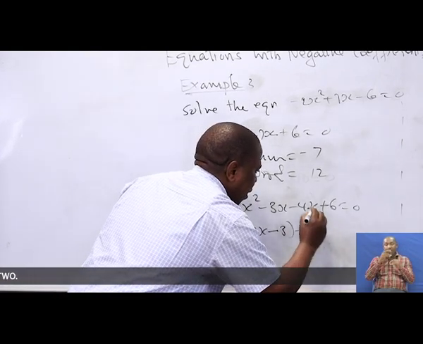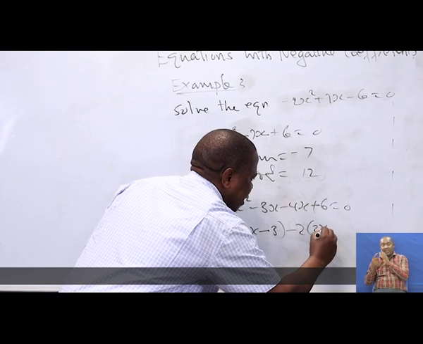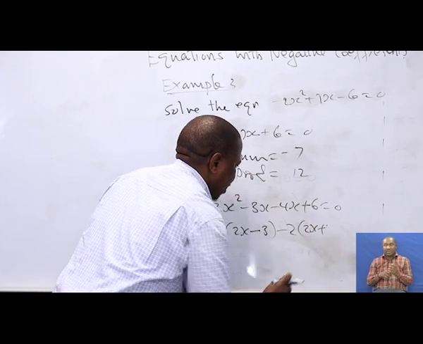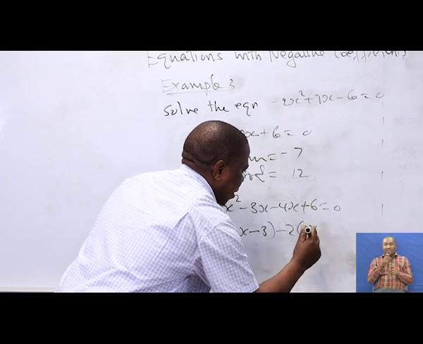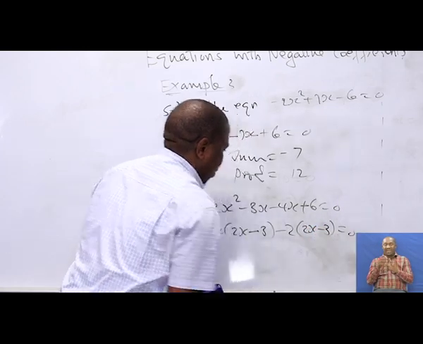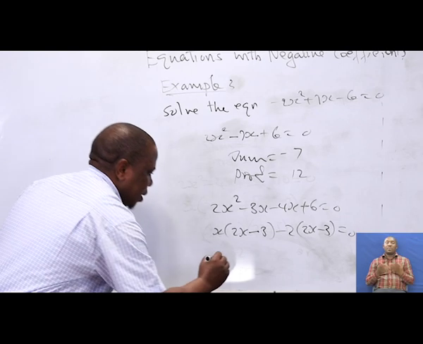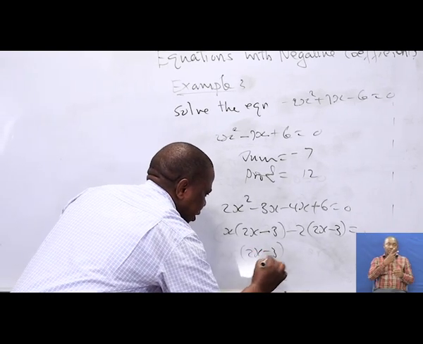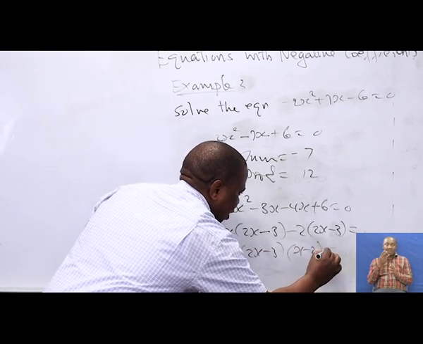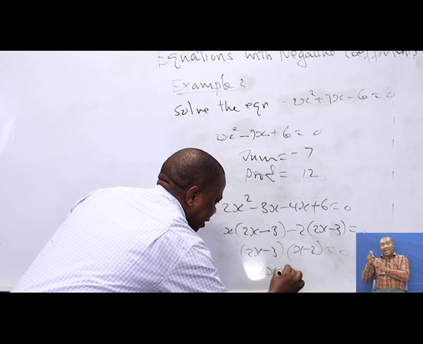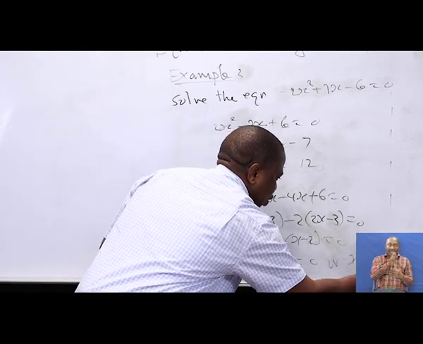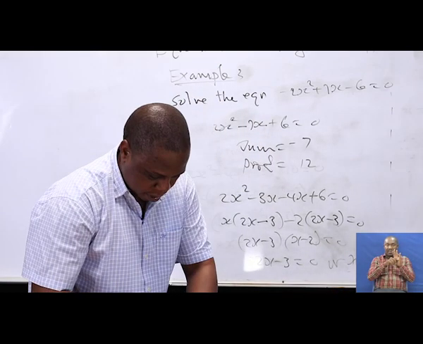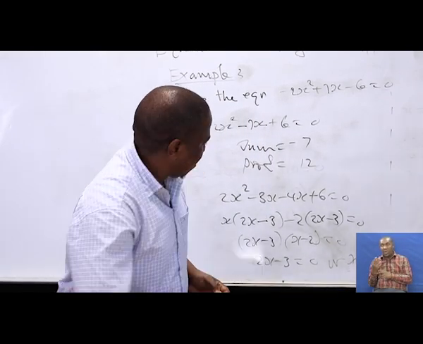That is 2x minus 3, because there is a minus here, minus 3 is equal to 0. As usual, 2x minus 3, x minus 2 is equal to 0. Either 2x minus 3 is equal to 0, or x minus 2 is equal to 0.